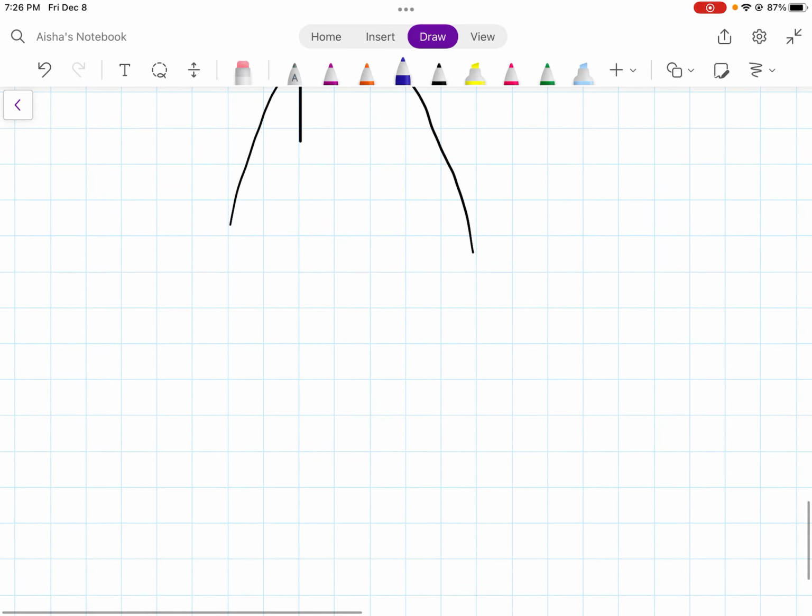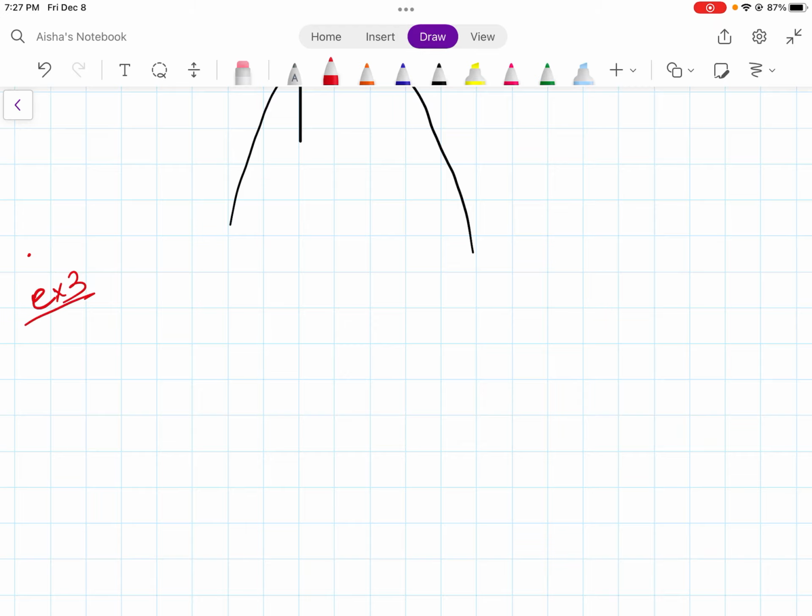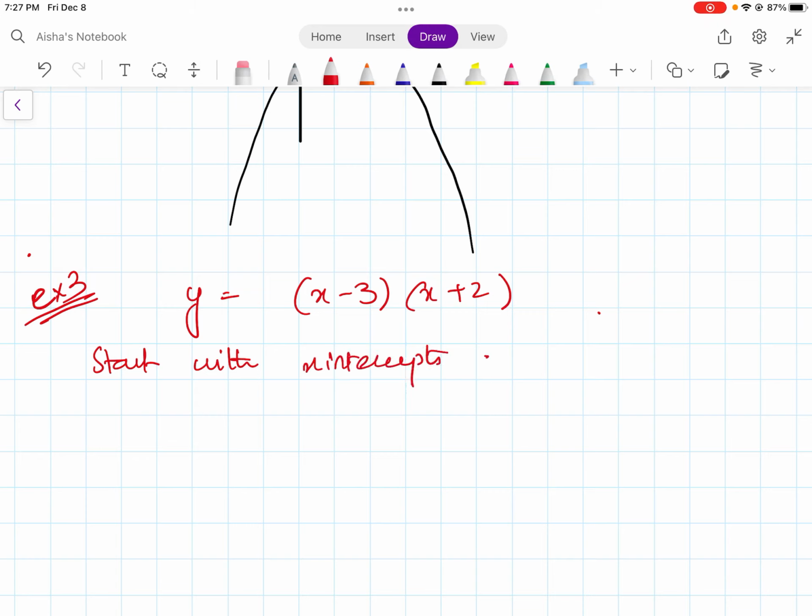Okay? Now let's move on to another equation, that is y is equals to x minus 3 and x plus 2. Now this, from here we will start with x intercepts. यानी कि वहाँ पे turning point मालूम था, यहाँ पे x intercept.